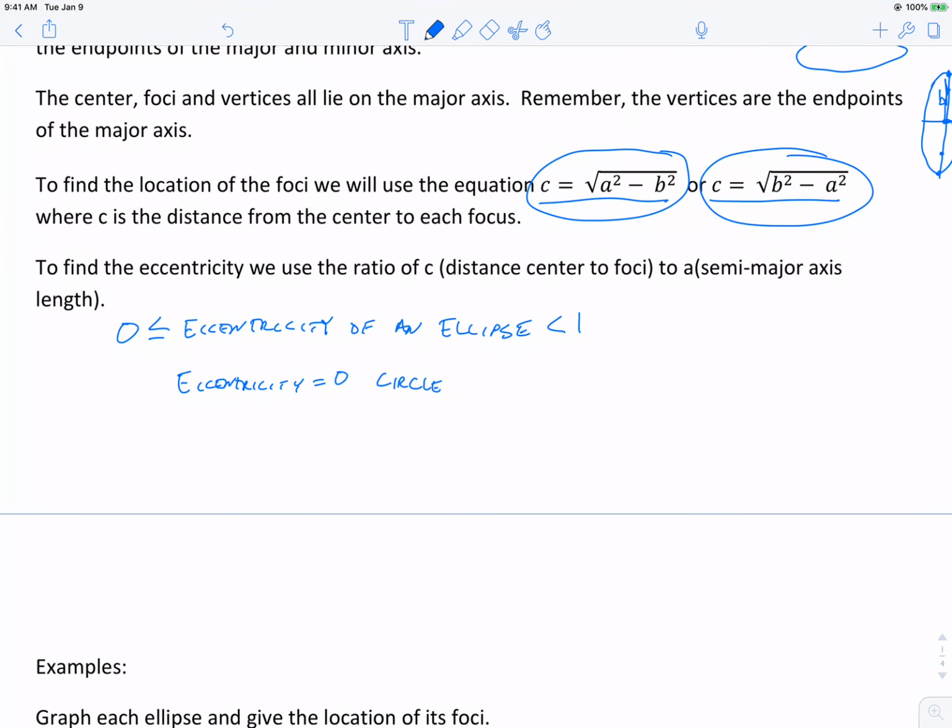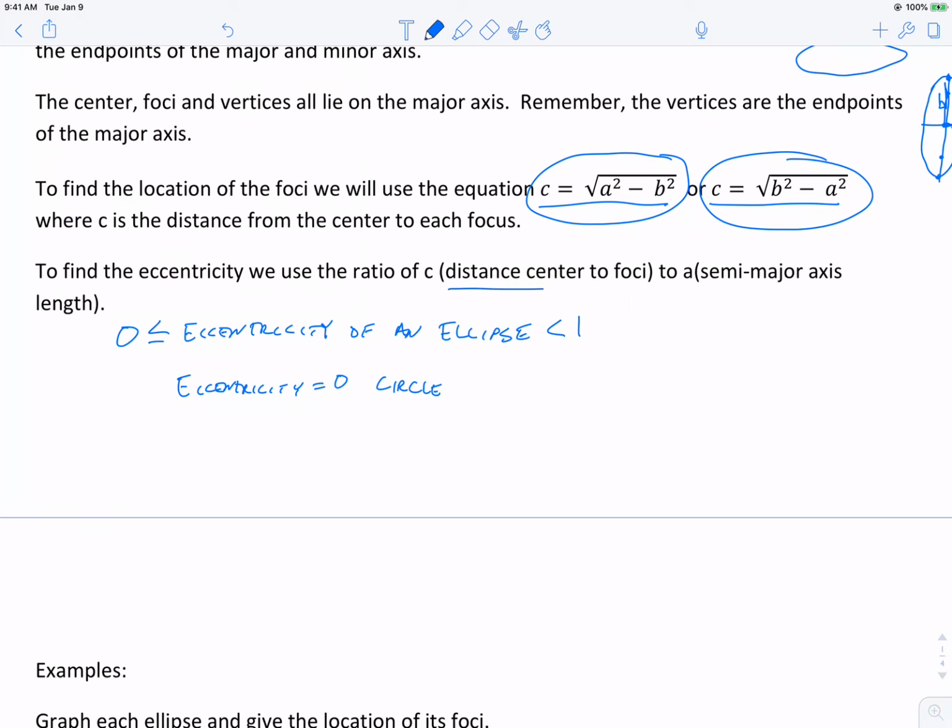How do we find the eccentricity? It's the ratio of C to A. Now we have to define this distance C. If I draw my ellipse like this, here's my foci.